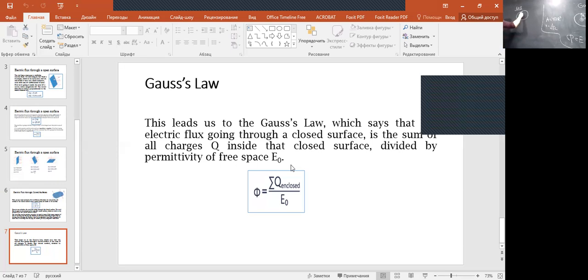And here is the positive charge Q, let's say 25 nanocoulomb, and the radius of the sphere is, let's say, 2 centimeters. What about the total flux of the surface? Can you calculate?